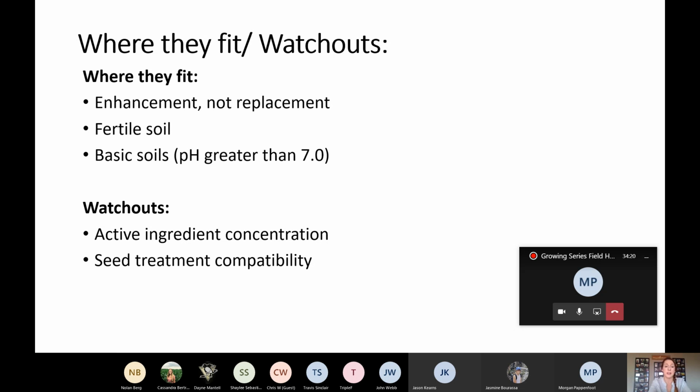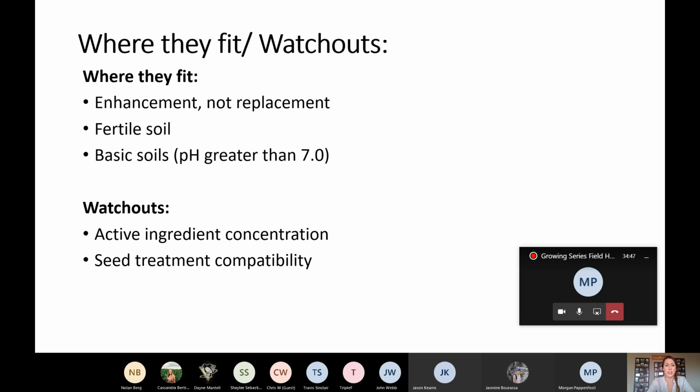I would just say there are a lot of products that contain these things on the market. When you're comparing products, make sure you look at the concentration of the active ingredient in them. A lot of the more reliable companies will put the actual amount of bacteria that you can expect, or the amount of spores that you can expect in the event of a fungus.